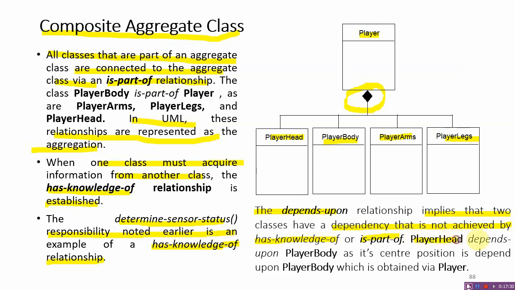The player head depends upon the player body, as its center position is dependent upon the player body, which is obtained via player. The player head depends upon the player body because its center position is required by the player head. So there is a depends upon relationship.